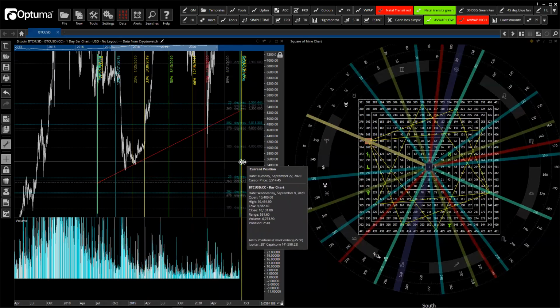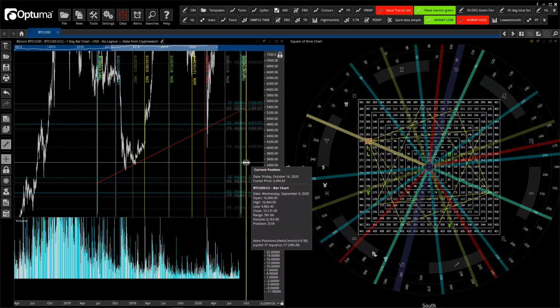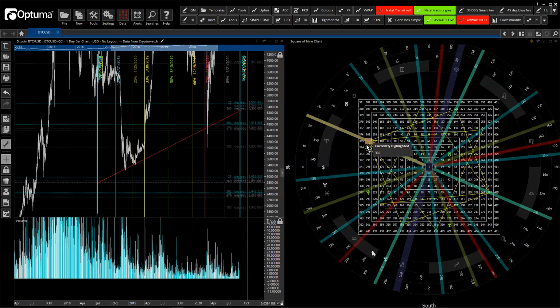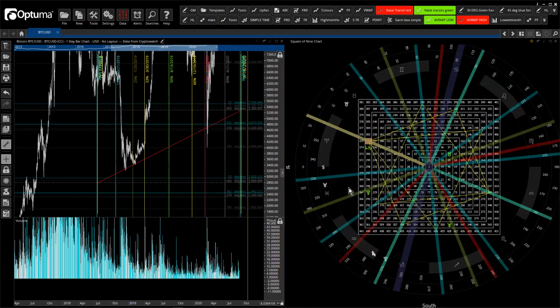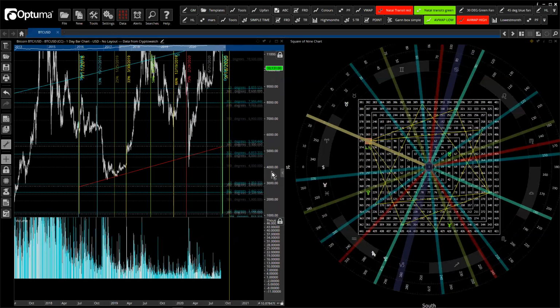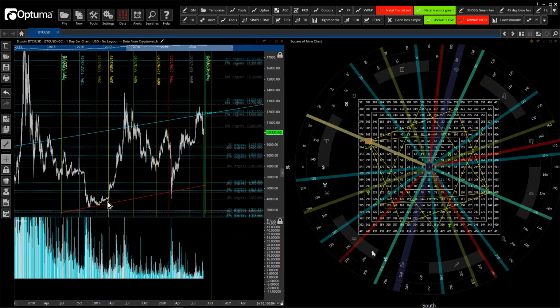We're literally following it to this point here. And look at that. Up here, by the end of the year, well, this is already in October, they're 1 degree orb from all of this that's going to be happening here, where Jupiter and Saturn are all closing in on the natal position of Bitcoin's heliocentric Jupiter.